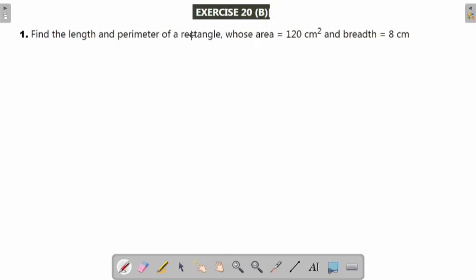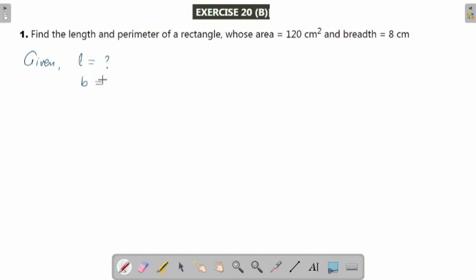Let's see the first question. Find the length and perimeter of a rectangle whose area is 120 centimeter square and breadth is given to be 8 centimeter. So let's see the solution. Do we have length? No, we don't have length. Is the breadth given to us?